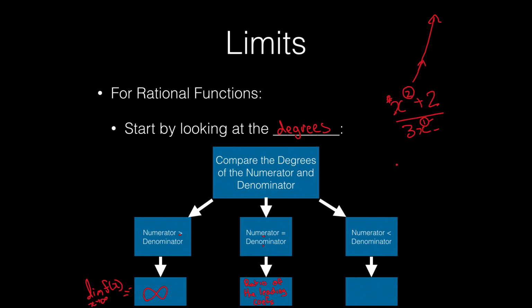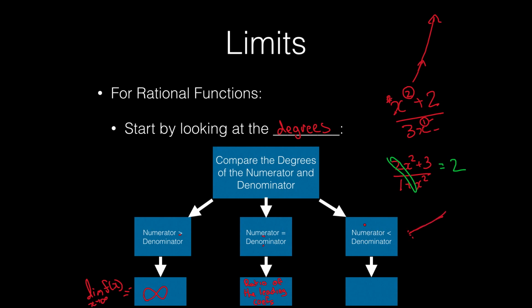For example, if you had 2x squared plus 3 over 1 plus x squared, you'd take the ratio of the coefficients. In this case it would be 2 over 1, because the denominator is basically 1x squared, so the answer would be 2. The concept here is that since both are increasing at sort of the same rate, they'll hit this common ratio.